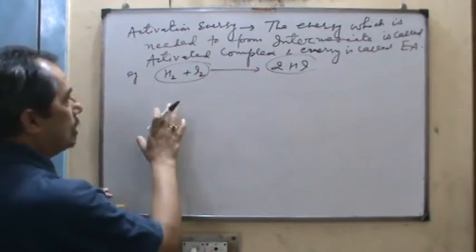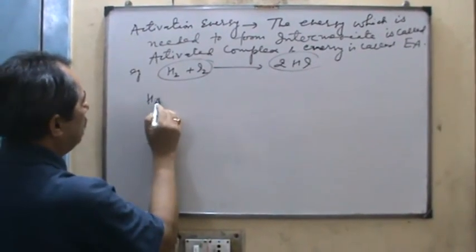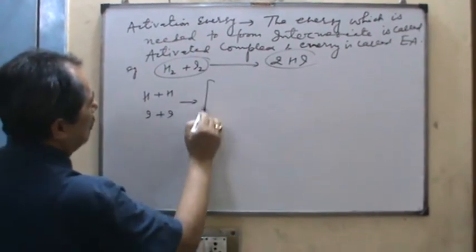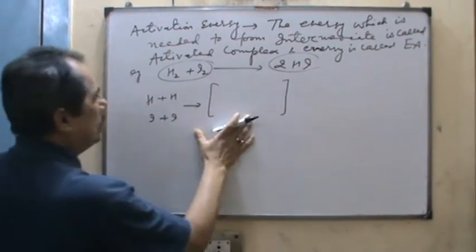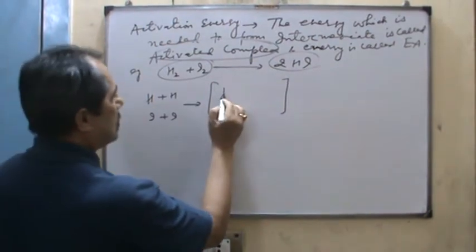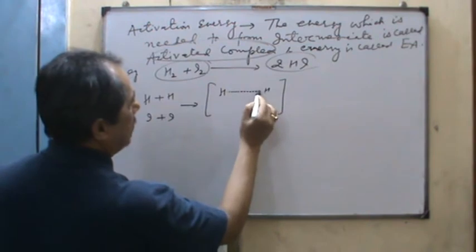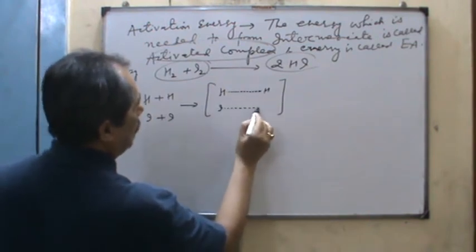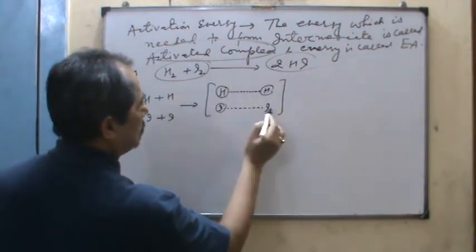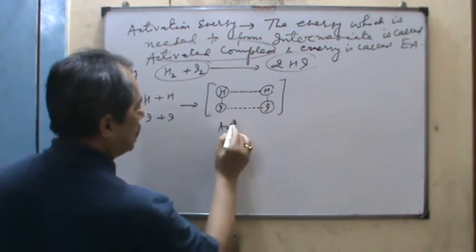Secondly, activation energy is here like this: H plus H, I plus I, it is the intermediate stage. This is called activated complex. The bond is going to break and H and H, iodine and iodine are going to combine to each other. So collision takes place and an imaginary bond is formed. This is called as what complex?